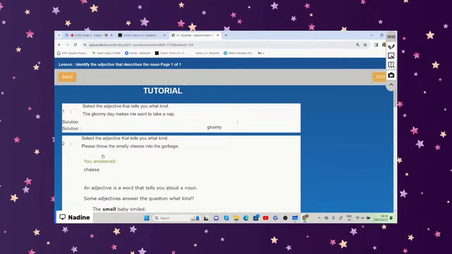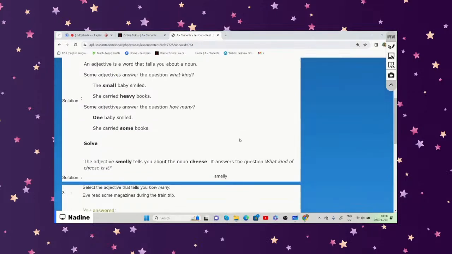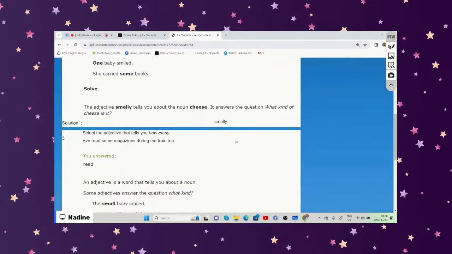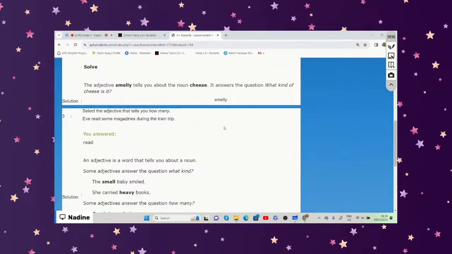So gloomy is our adjective. So we identified gloomy as being an adjective that describes the noun. So the adjective is gloomy.